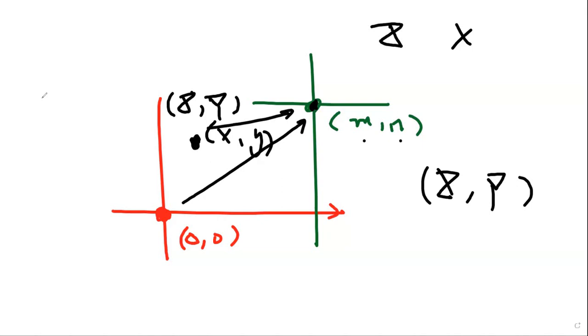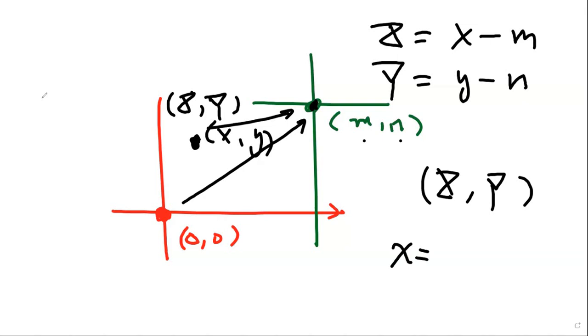This point actually does not move. So your x minus m will be your big X, and your y equals y minus n. So your original small x is big X plus m, and y would be big Y plus n.